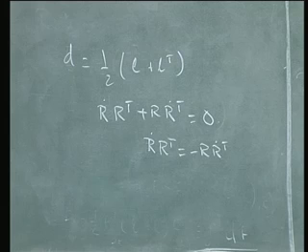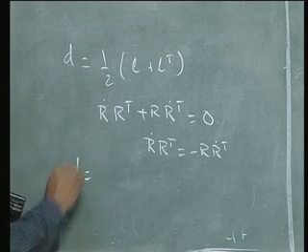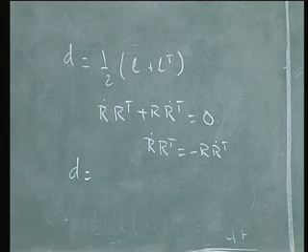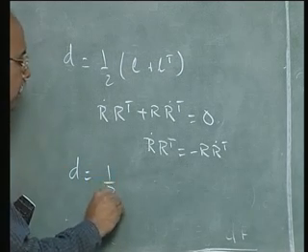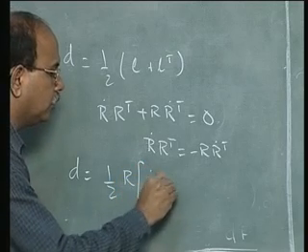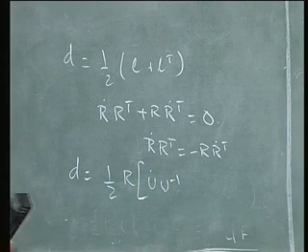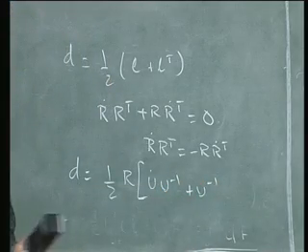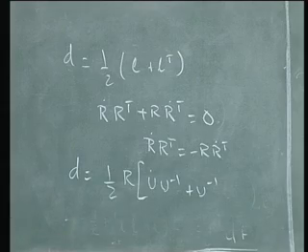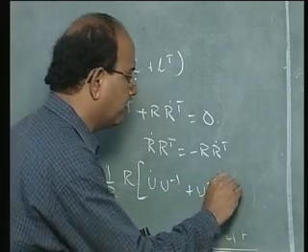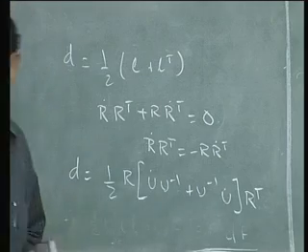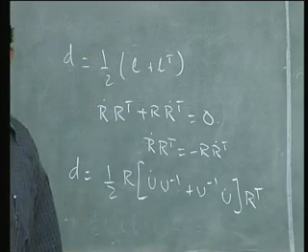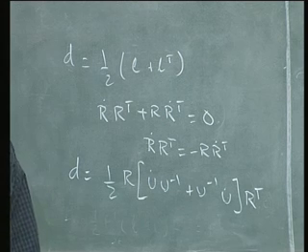So, now write down, say for example, D, what would be the values? Half R U dot U inverse, yes, plus U inverse, yeah, because it's symmetric, U inverse U dot R transpose, right? Very good, fantastic. So, what is W? Write down W. Same way you write down W, that's all, nothing.